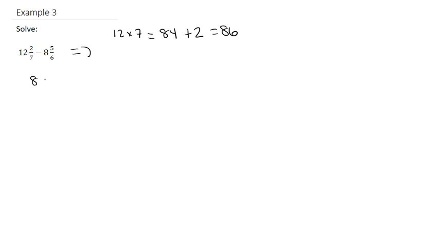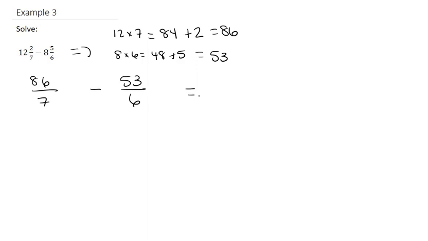So we would get 86 over 7 minus, now 8 times 6 is 48 plus 5 as we add our numerator. So that's 53. So we get 53 over 6. So we see that we have a 7 and a 6. So we can't subtract yet until we get a common denominator.